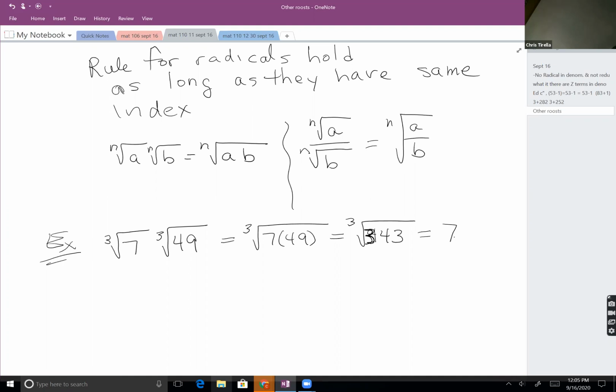I struggled with the 343. I didn't struggle with the 7. Is everybody all right? This is the cube root of 7 times the cube root of 7 squared, which would give me the cube root of 7 to the 3rd, which would just be 7.